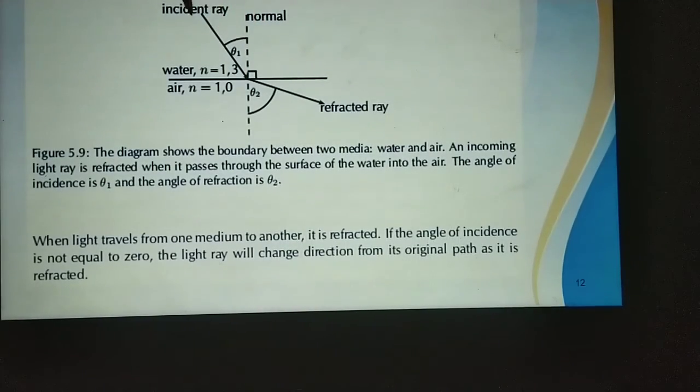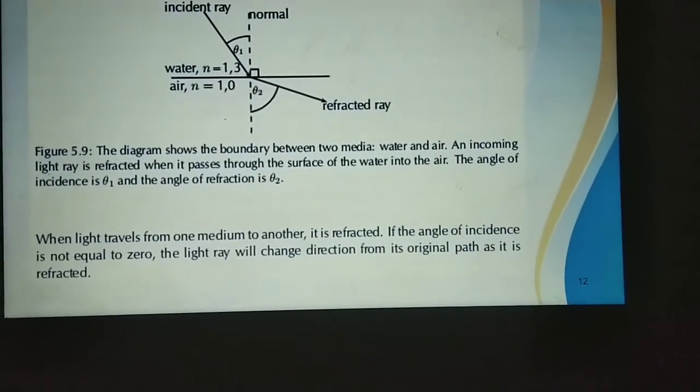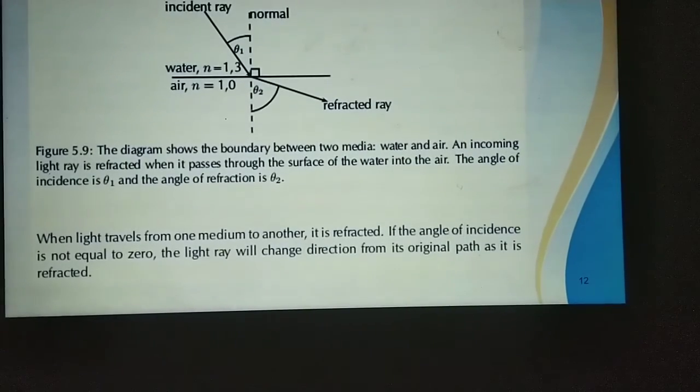Then here you have the incident ray and the normal, so you do have an angle here. This is the angle of incidence. So the angle of incidence is between the normal and the incident ray. The angle of refraction is between the normal line, which is traced downwards, and the refracted ray.